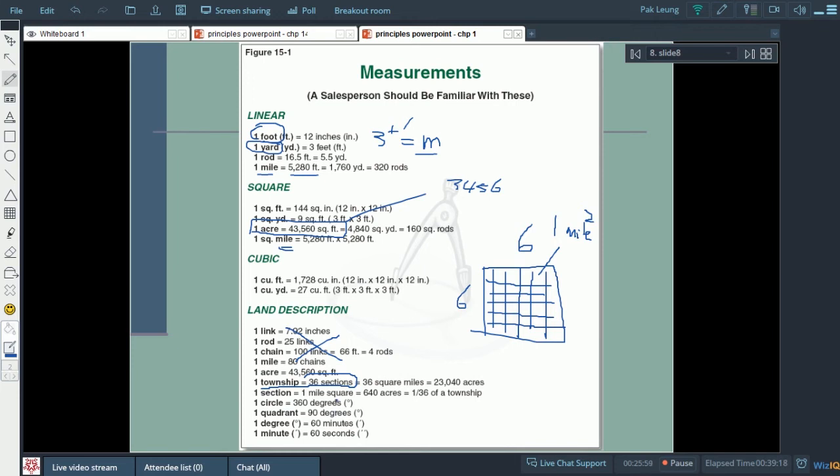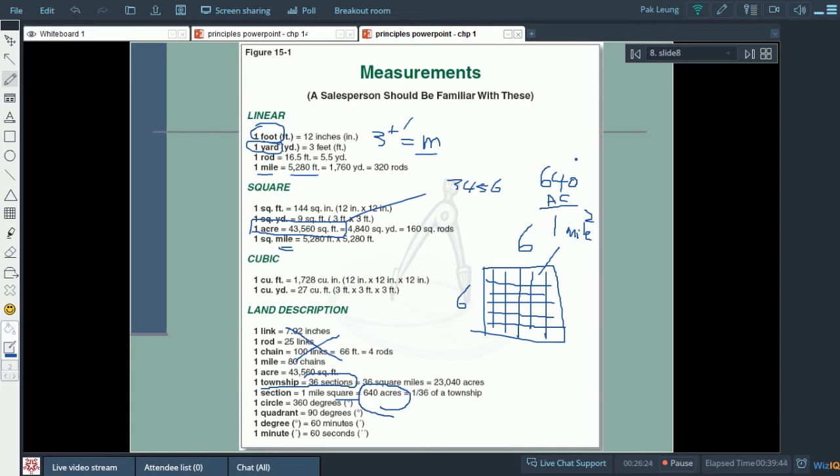And then the degree circle, you don't really need to know, but if you know it, it's good. And then 1 square mile, also remember this number. It's 640 acres. So in here is 640 acres.